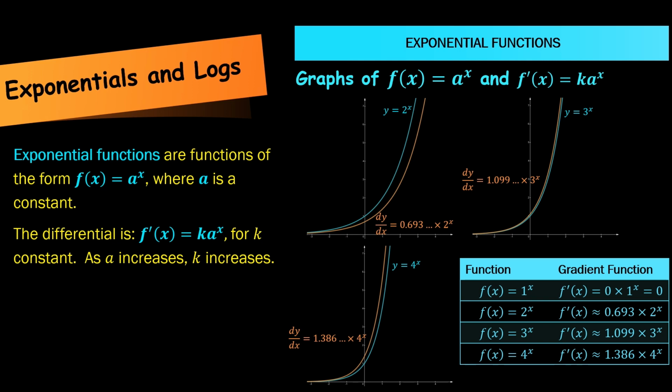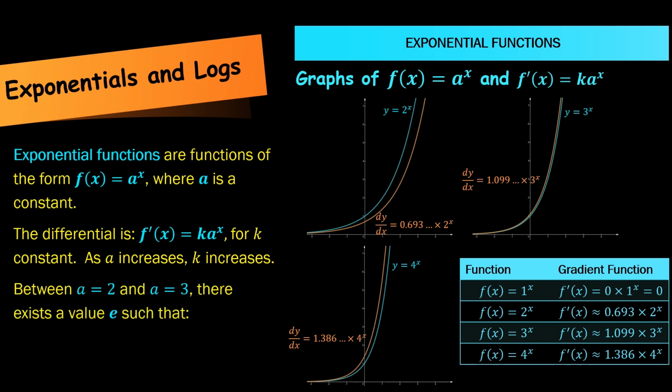So for f of x equals a to the power x, the differential is f dash of x equals k times a to the power x for a constant k. As a increases, k also increases.